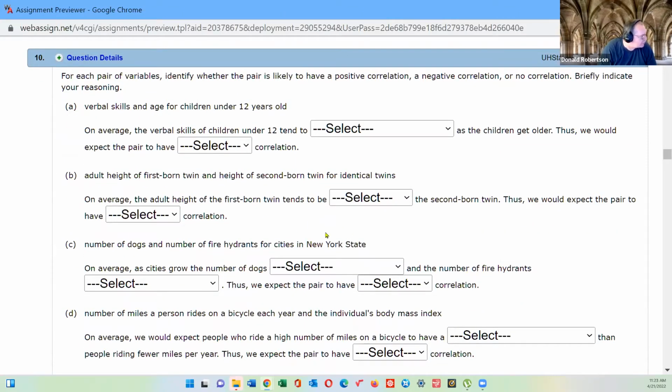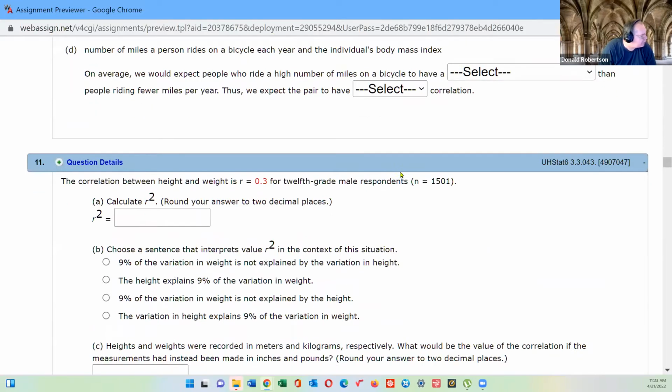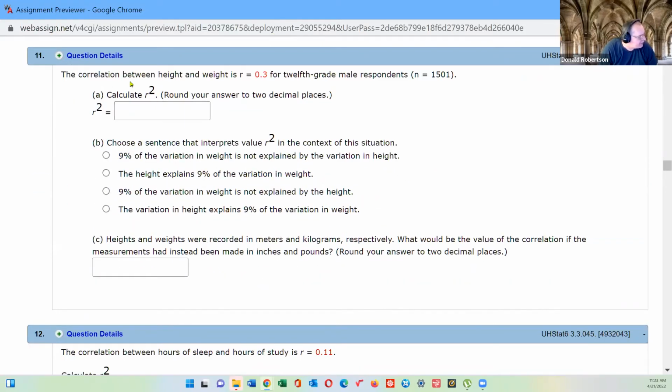Here are a whole load of questions in a similar vein, so I'm not going to do that one. The correlation between height and weight is 0.3 for 12th grade males. And wow, that's a big sample. Now, that's not a very good correlation coefficient, 0.3, because when you square it, you get 0.09.